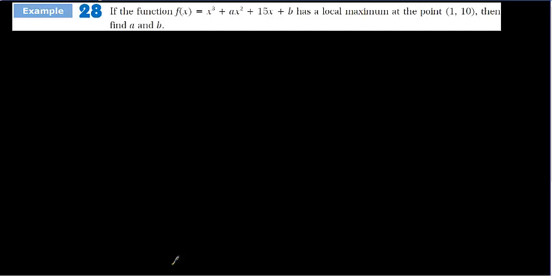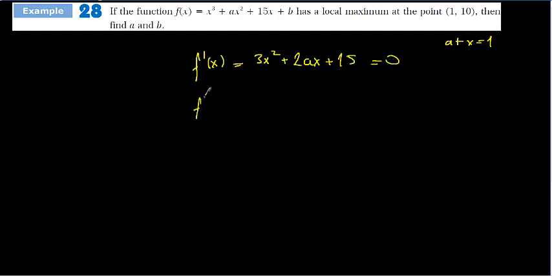If it has a local maximum, it means that the derivative f'(x) is equal to 3x squared plus 2ax plus 15, and it must be equal to 0 at x equal to 1. f'(x) equal to 0 means this is a local maximum or minimum, but it's given in the question that it's a local maximum. So f'(1) is equal to 0.